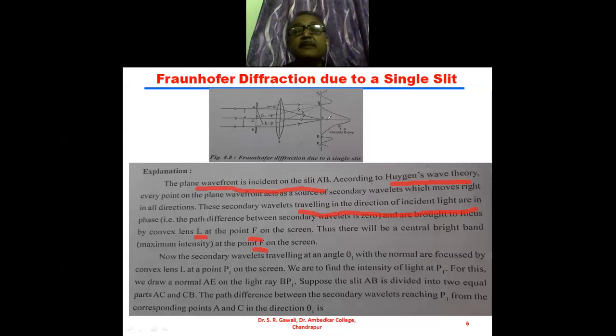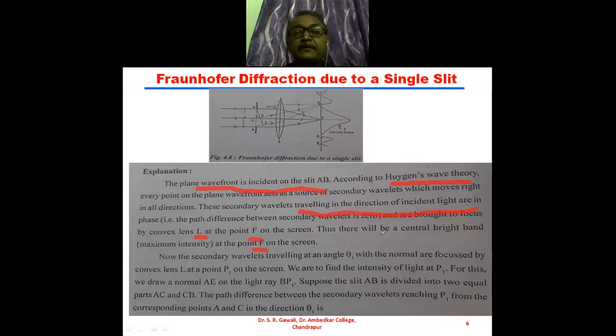So to get the resultant amplitude, what do we have to do? Whatever amplitude we get by adding the amplitudes of all the secondary wavelets will be the amplitude of the resultant wave, and since all amplitudes are added together, we get the biggest amplitude, and if we take the square of this amplitude, then that will be the intensity.